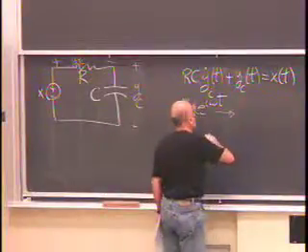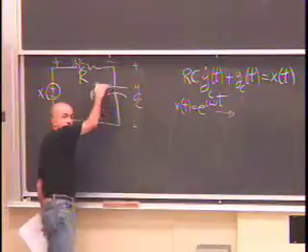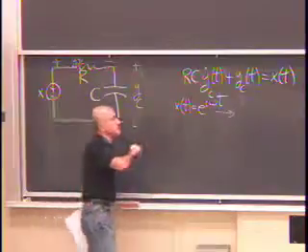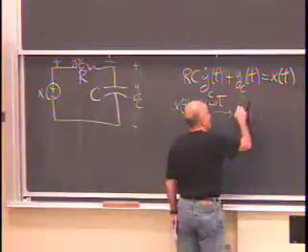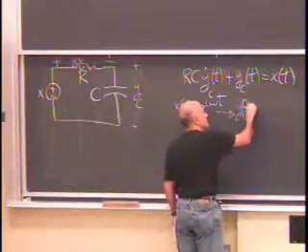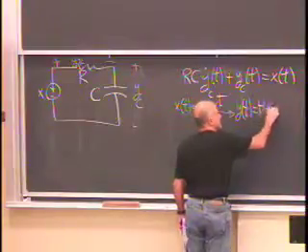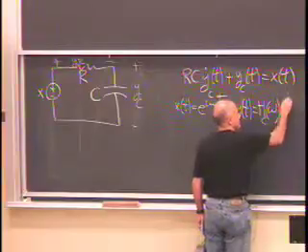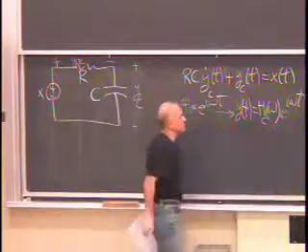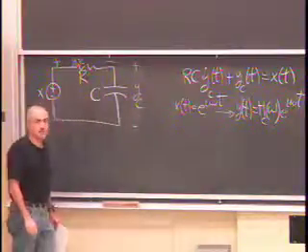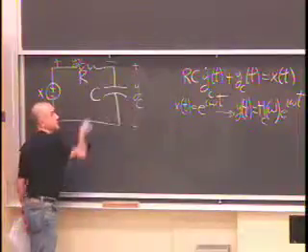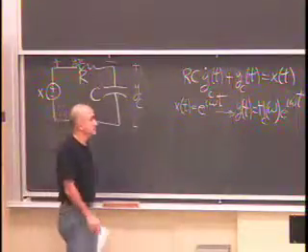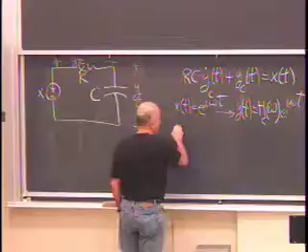And we recognized, given that the initial capacitor voltage is 0, that the capacitor is uncharged, we have an LTI system. And the frequency response for this particular output we call H sub C. Plug it in here.